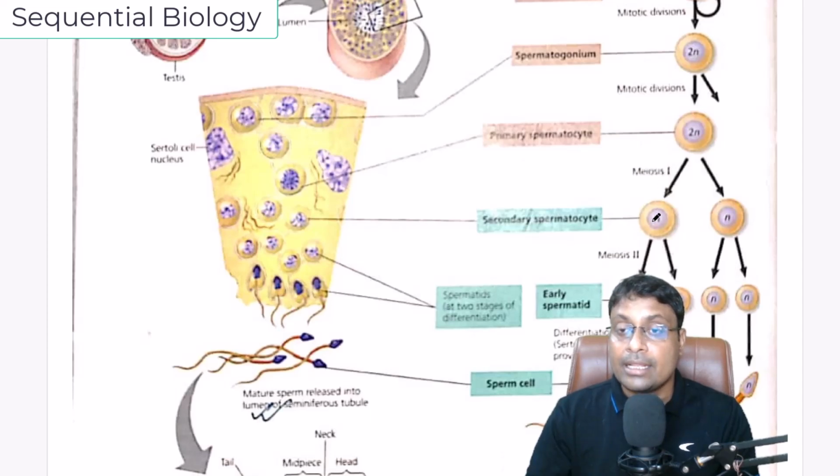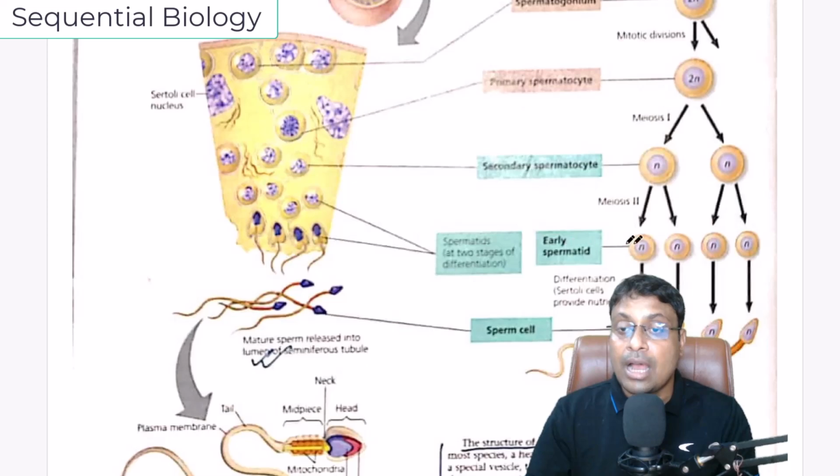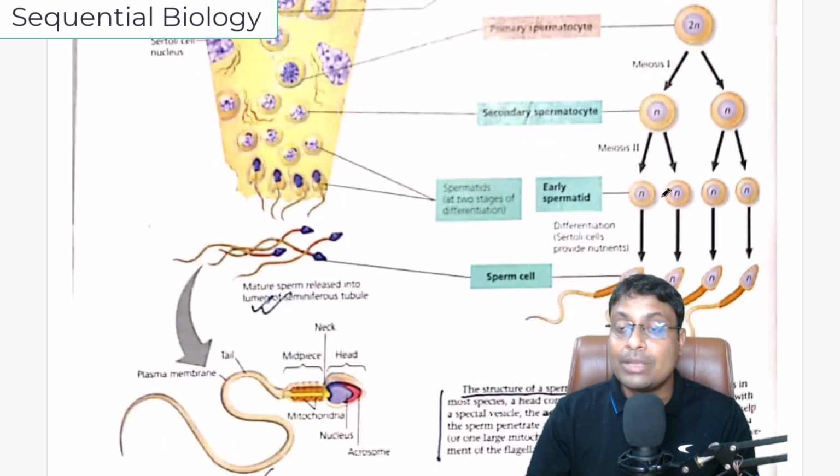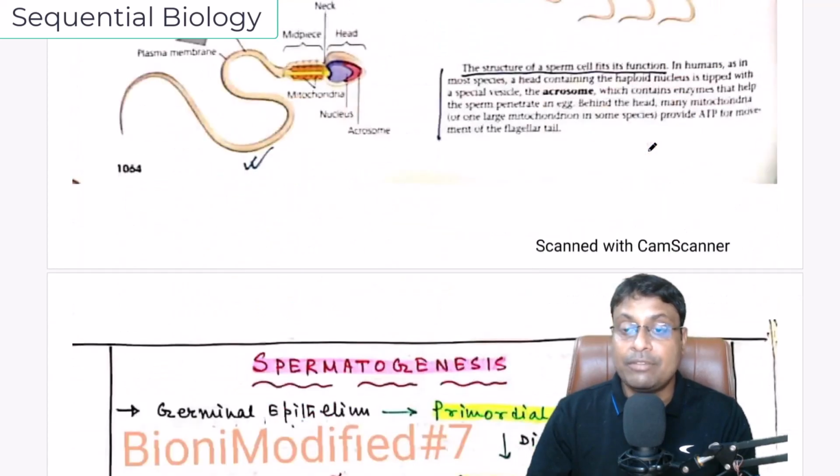And then the secondary spermatocyte undergoes meiosis 2, and this will produce the early spermatid. Here you can see these spermatids are rounded cells, but they will change into a tadpole-like structure. So huge changes occur in this spermatid, which causes the development of tadpole-like spermatozoa. And we will discuss these different stages.